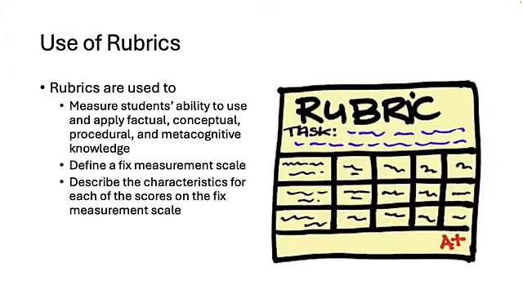Okay, so rubrics are used to measure students' ability to use and apply factual, conceptual, procedural, and metacognitive knowledge, define a fixed measurement scale, describe the characteristics for each of the scores on the fixed measurement scale.